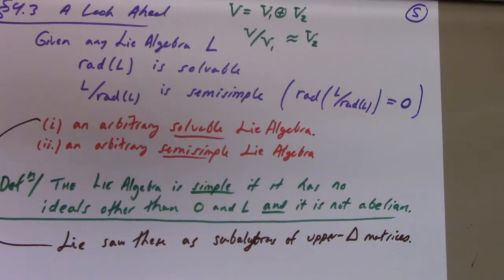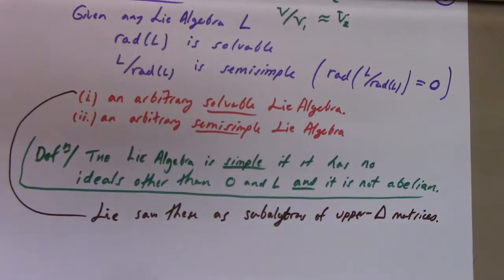And then the simple ones. Why do you care about simple? The one thing I've forgotten to write down here, but it's important to this story, is that you can build semi-simple algebras from simple algebras. The simple algebras are like the fundamental building blocks of the semi-simple algebras.